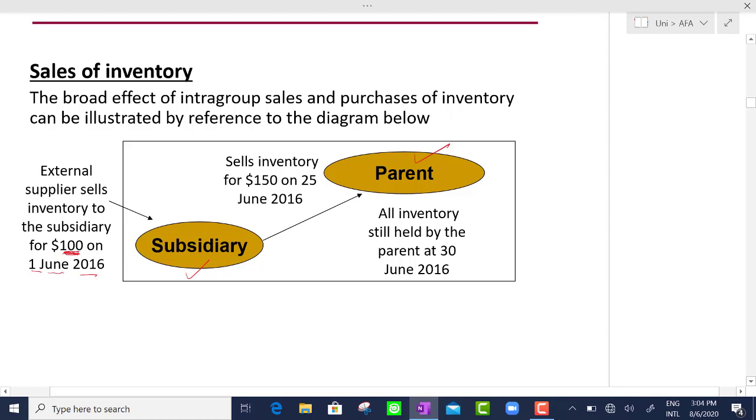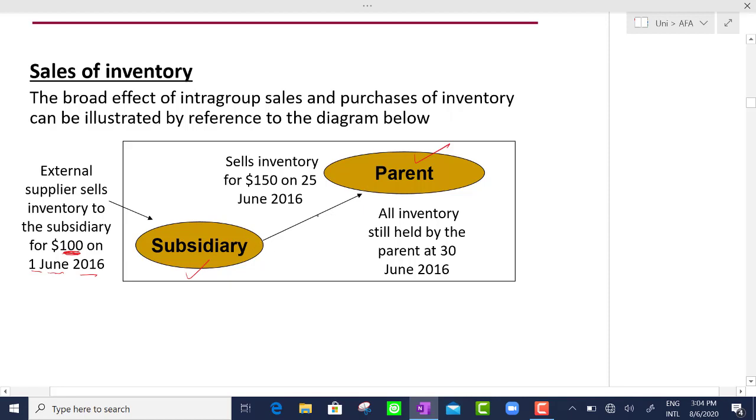Now it is the cost to the subsidiary company. It is a purchase.